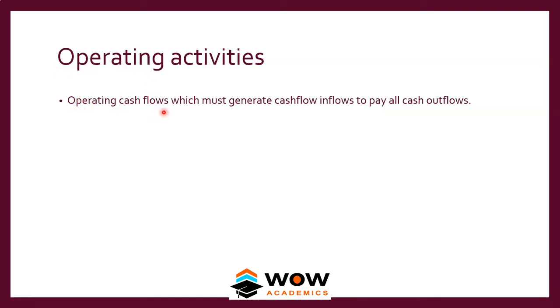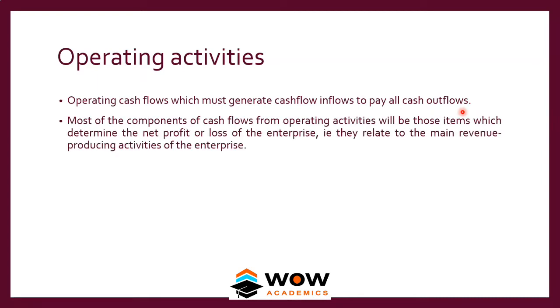See, operating cash flows must generate cash inflows to pay all cash outflows. So this is the most predominantly cash generating part of a company. Most of the components of cash flows from operating activities will be those items which determine the net profit or loss of the enterprise. That is, they relate to the main revenue producing activities of the enterprise.